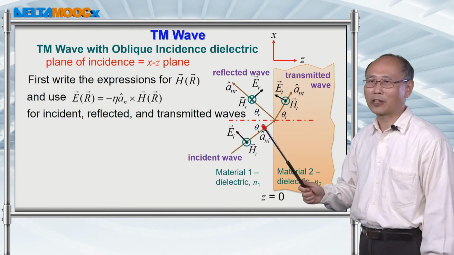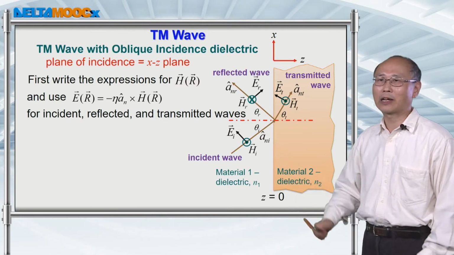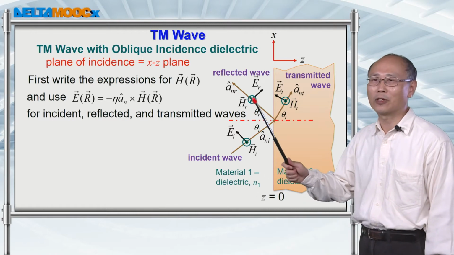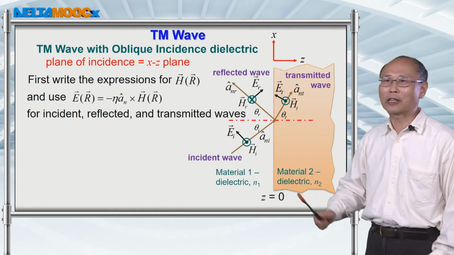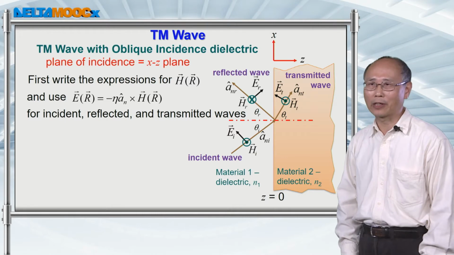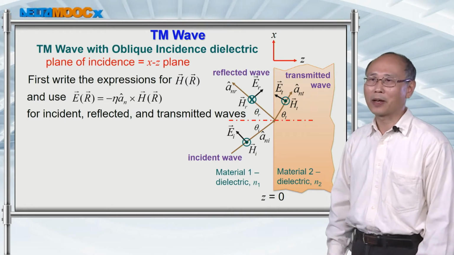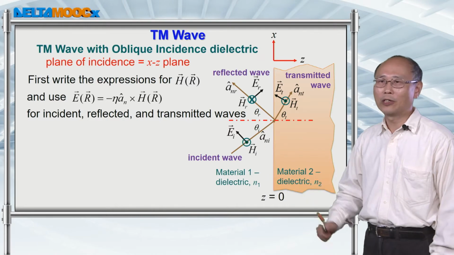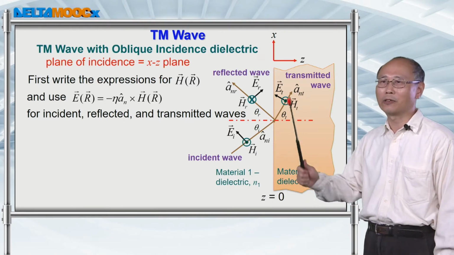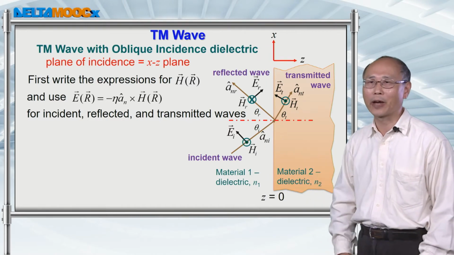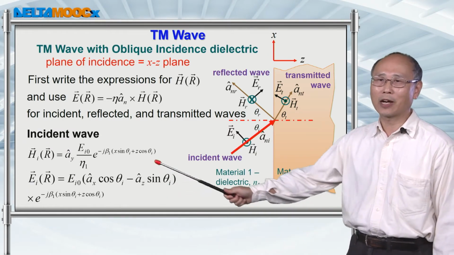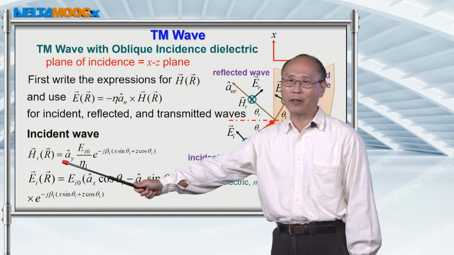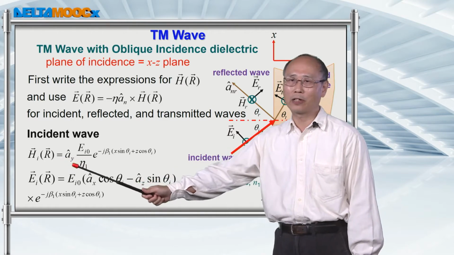For this scattering configuration, the easiest expression for the field will be the magnetic field, because your magnetic field only has component along y direction. But for the electric field, on this plane of incidence, you have two components, one along z direction and the other along x direction.